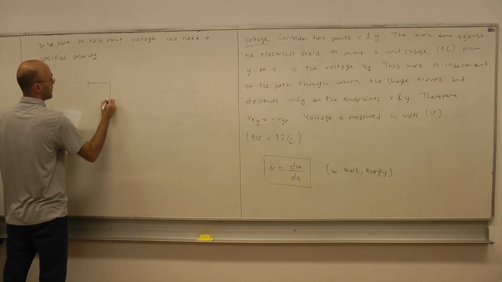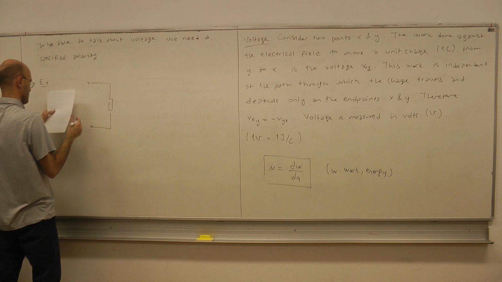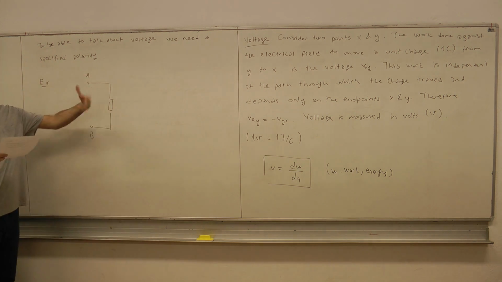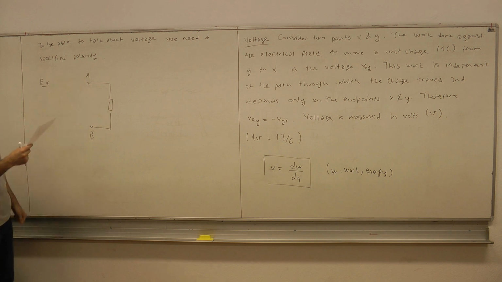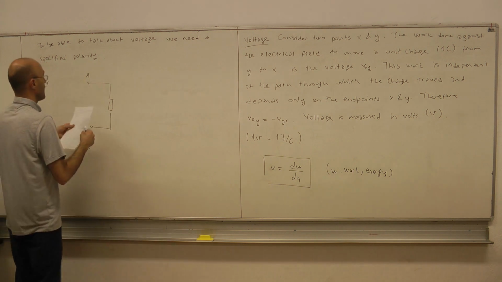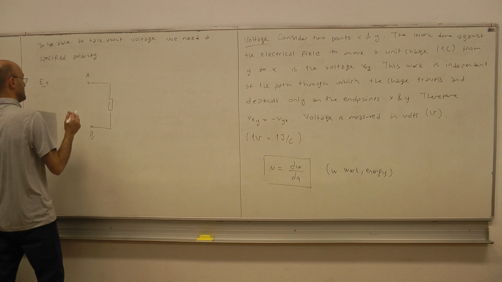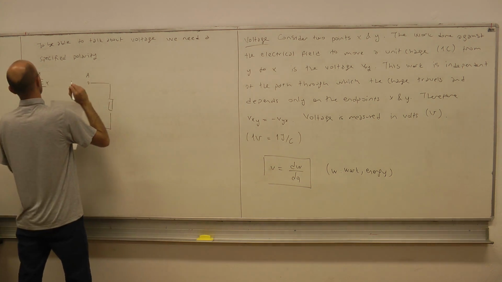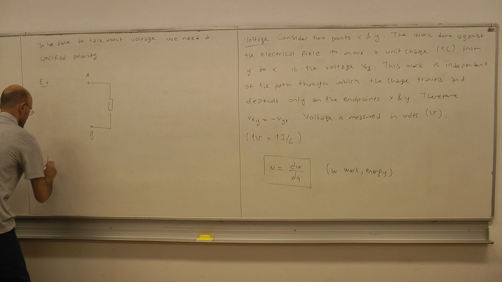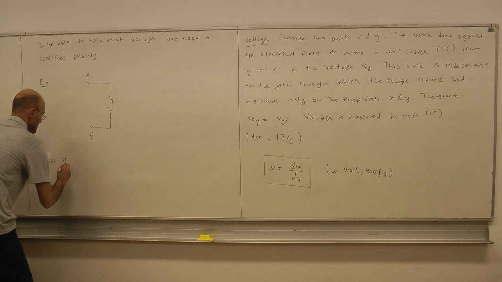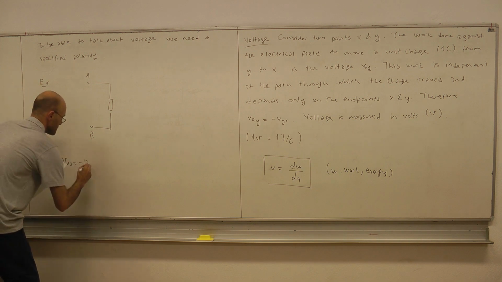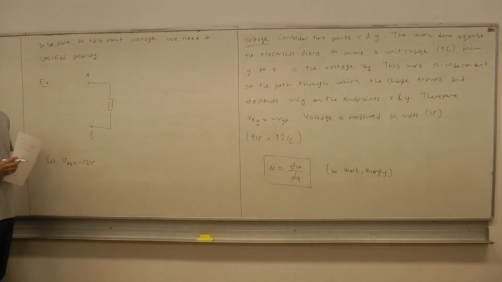Okay. A, B, this is some component and it's connected to something, let's say, and let VAB equal minus 12 volts.